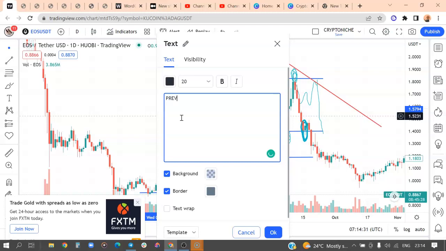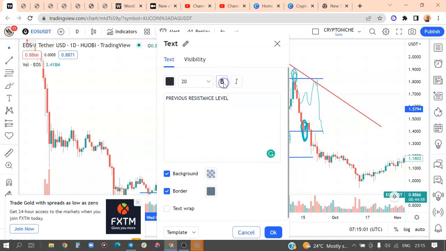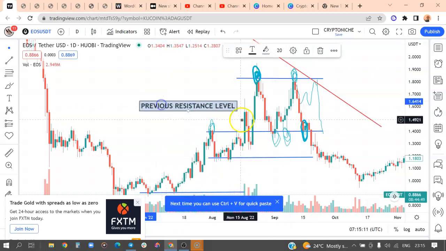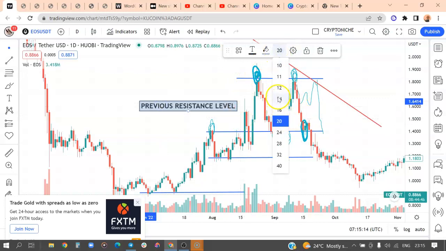I'm going to make it smaller, let me switch this to 12 or 14.